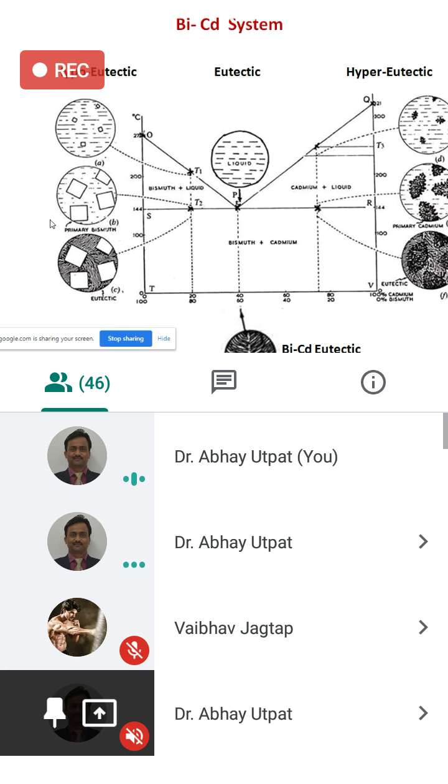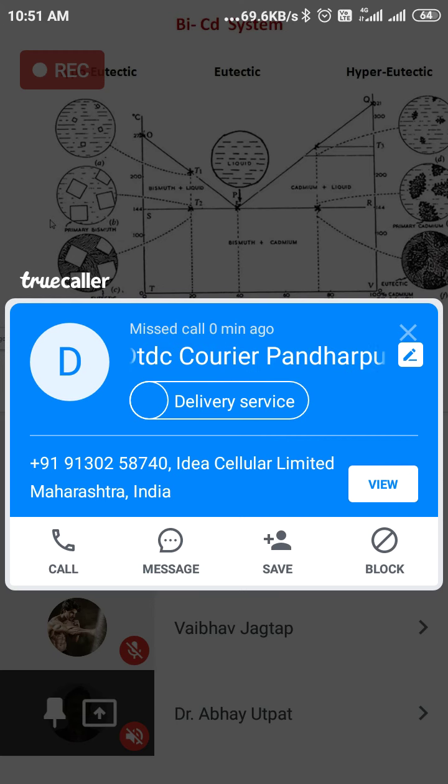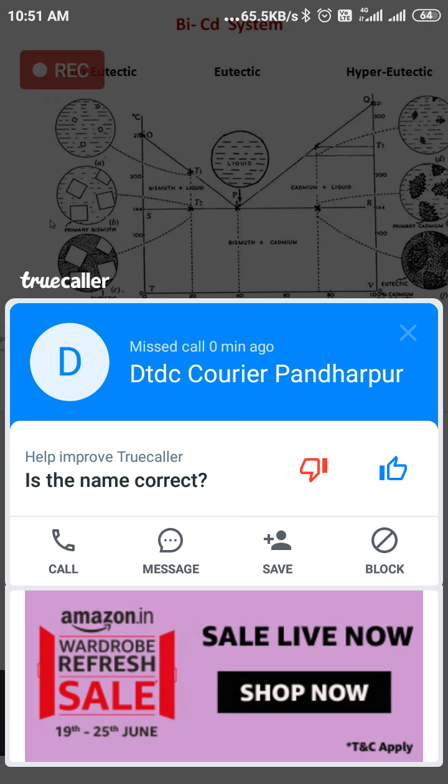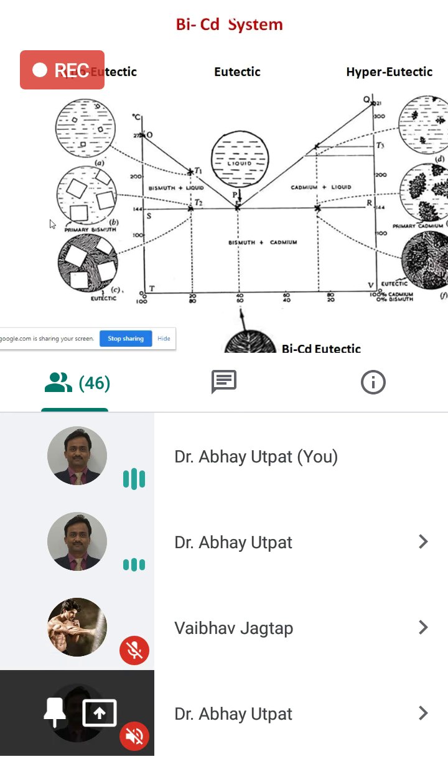Now, figure number 2. In figure number 2, you see the square grains are shown. These are the solidified phase which is rich in bismuth. The amount of solid increases, and the amount of liquid decreases. Now see the beauty of the figure just below point T2.